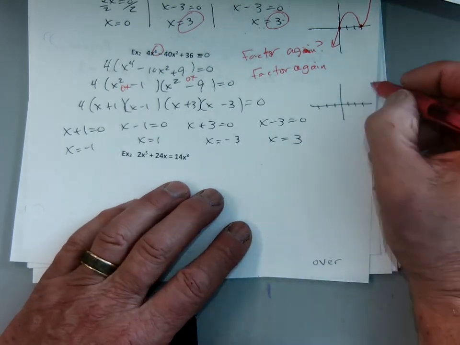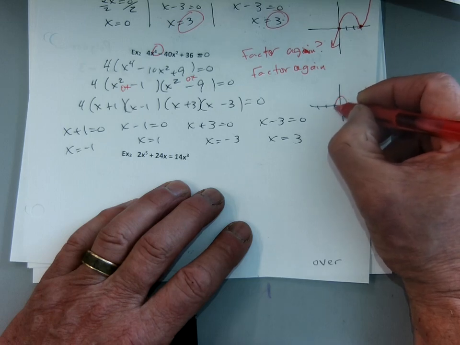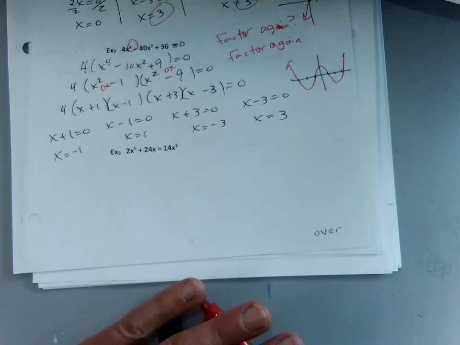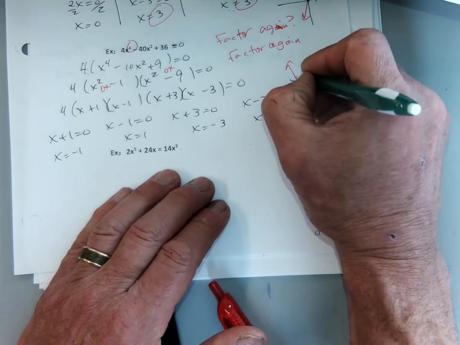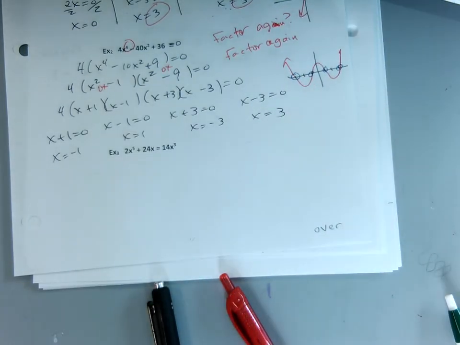If you graphed it, you'd have your 4 intercepts, which are your 4 zeros. We found the x-intercepts, called the zeros.